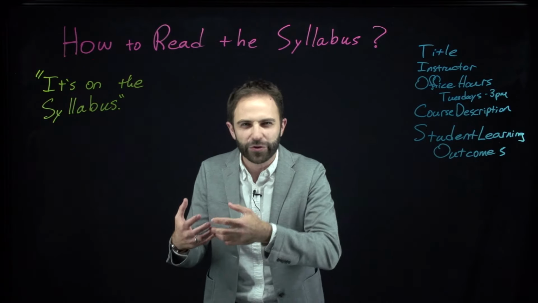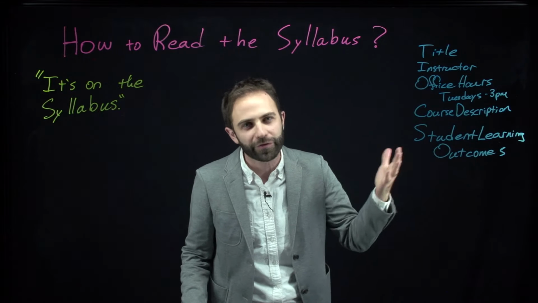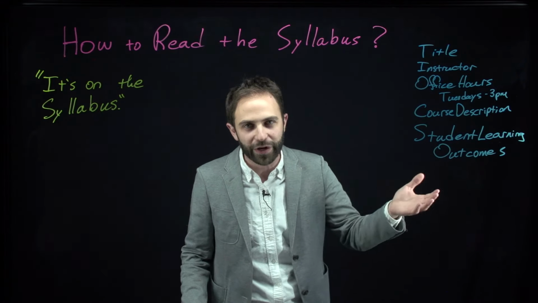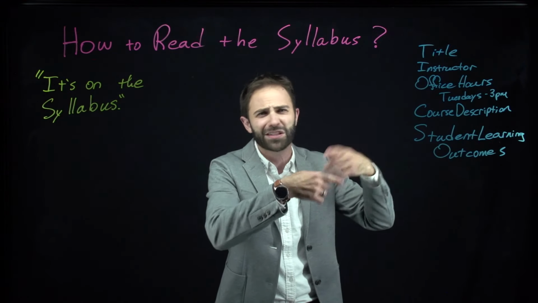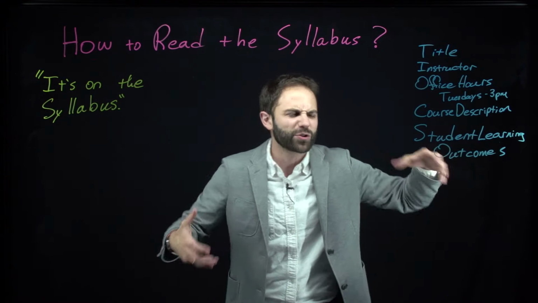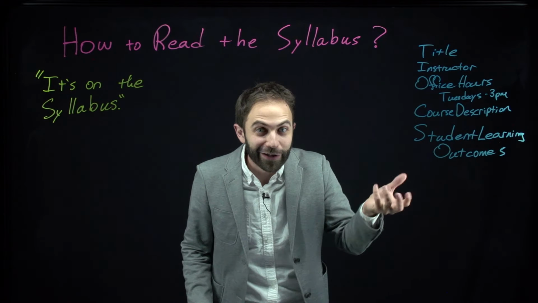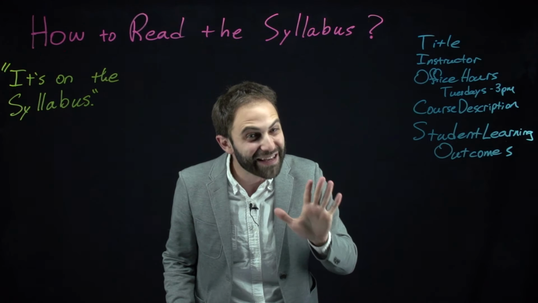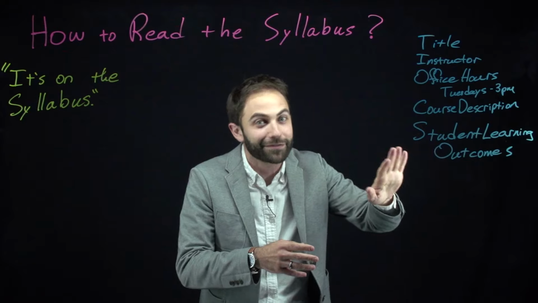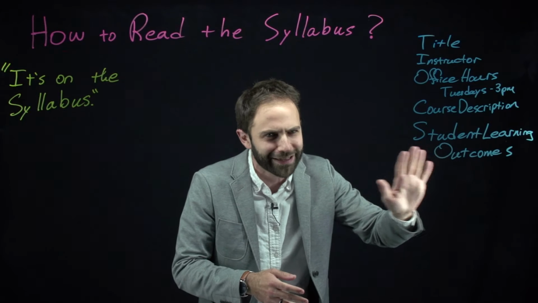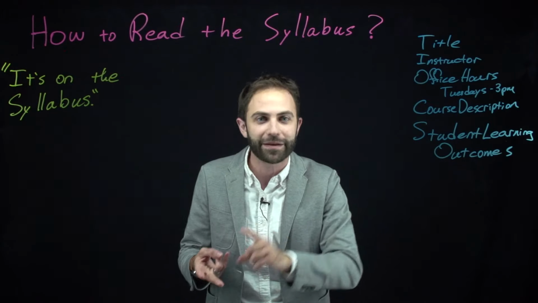It's good for professors to think through what the student learning outcomes are, and it's also good for other professors and for administrators to check the student learning outcomes, and then the professors and the administrators will discuss what the outcomes are supposed to be, what the students are supposed to get out of the course. But actually, the student learning outcomes are not really for the students. They really shouldn't be on the syllabus. They shouldn't be on the document that the students read. Sometimes it's mildly interesting for the students to read them, mildly. But really, these are something that's meant for other professors and administrators.